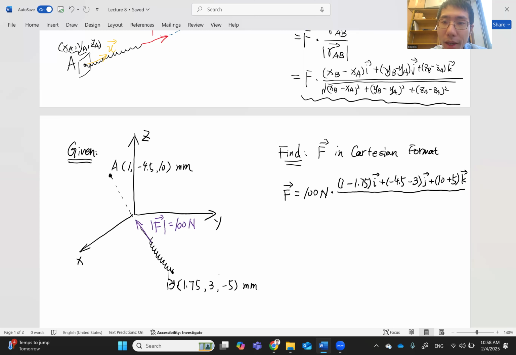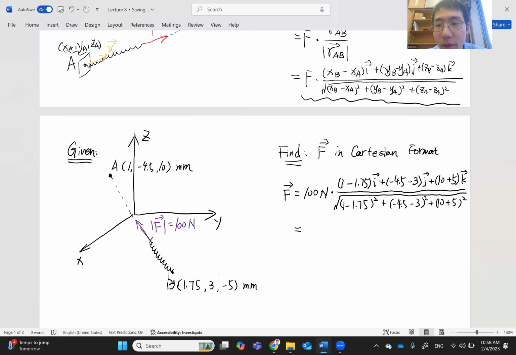What we need to do is to divide the vector in the numerator by its own length, right? And its length can be calculated as the summation of squares of all the components, then square root.